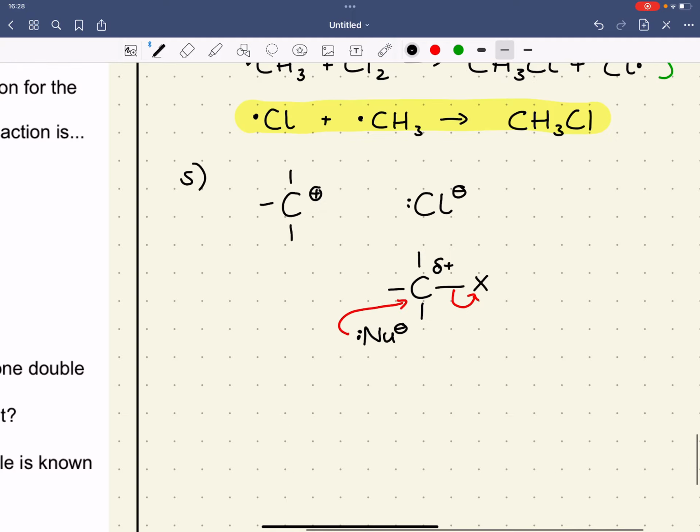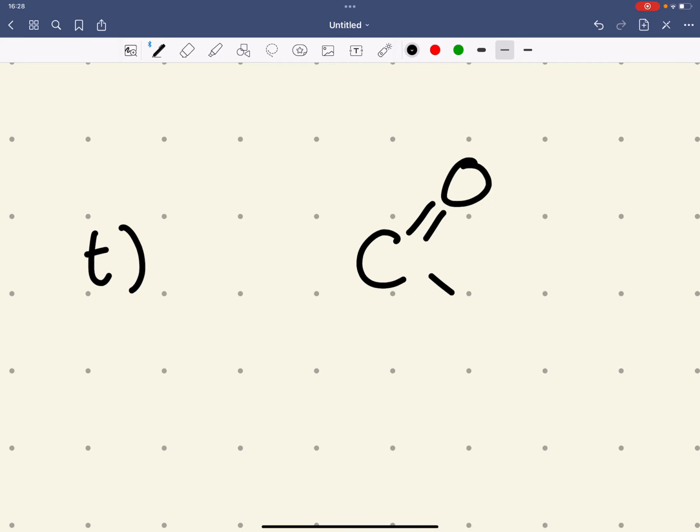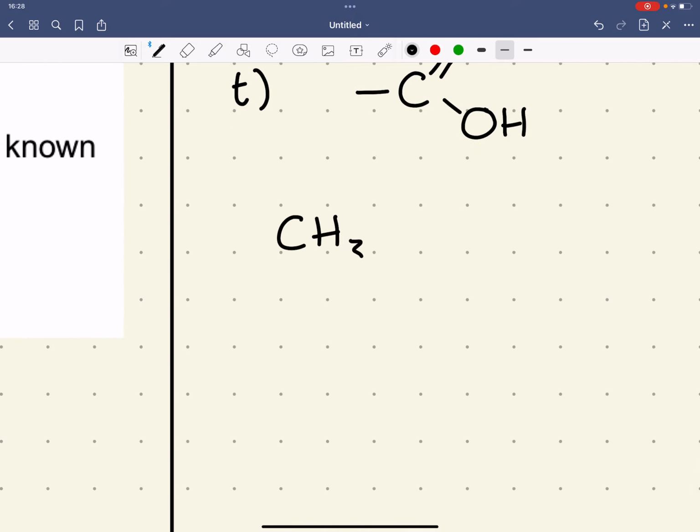Okay, next is part T, and it says which compound is not a carboxylic acid. Carboxylic acids have to have this functionality, and we can see that in the first one we've got CH3COOH, so that ticks that box.